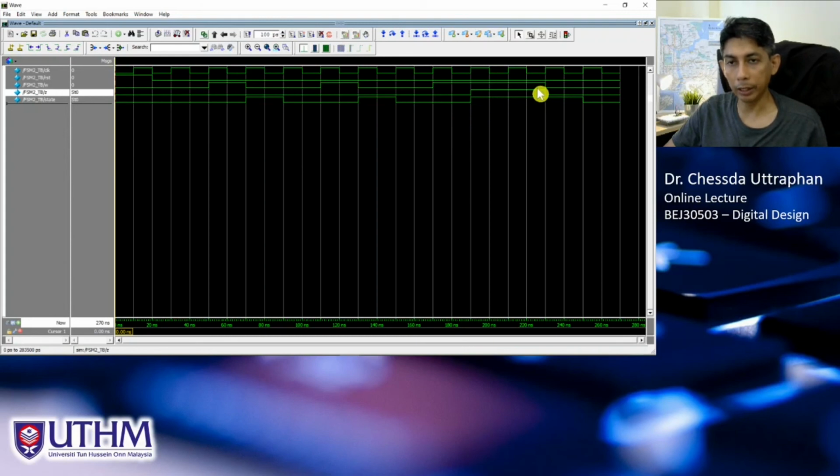And at the next measurement W is still equal to 1, so Z should remain 1, and we are still in state B, right? And now W goes to 0, and Z is 0, and we go back to state A in the next clock cycle, right?